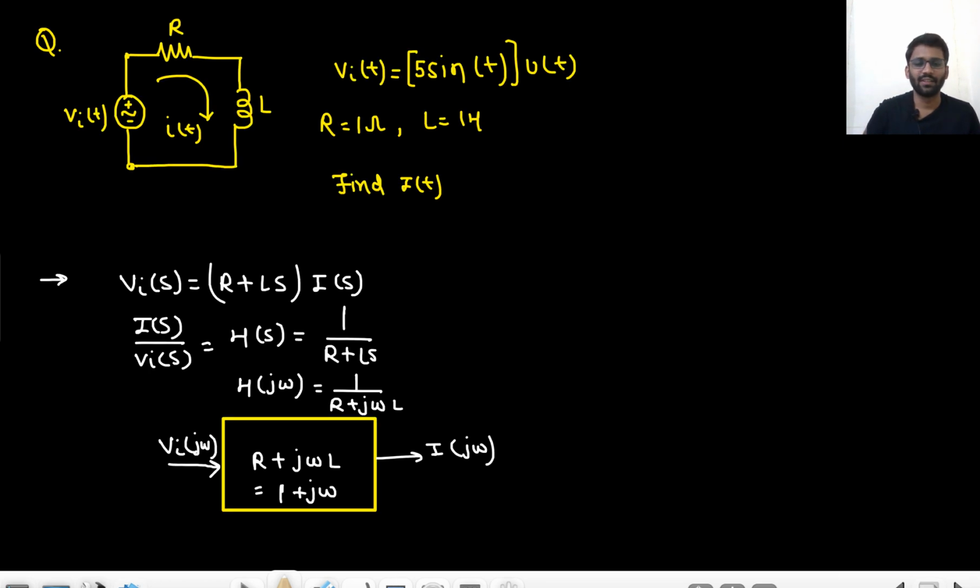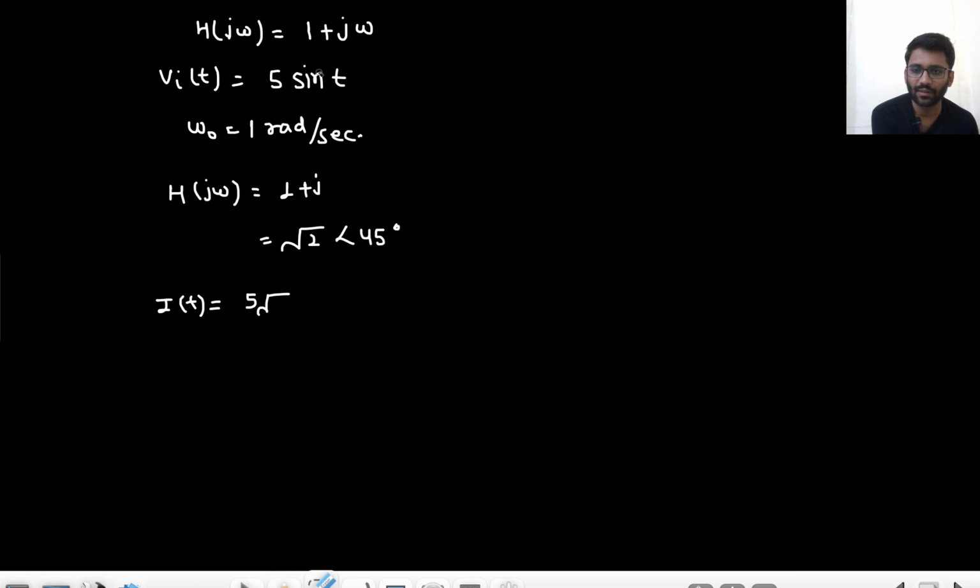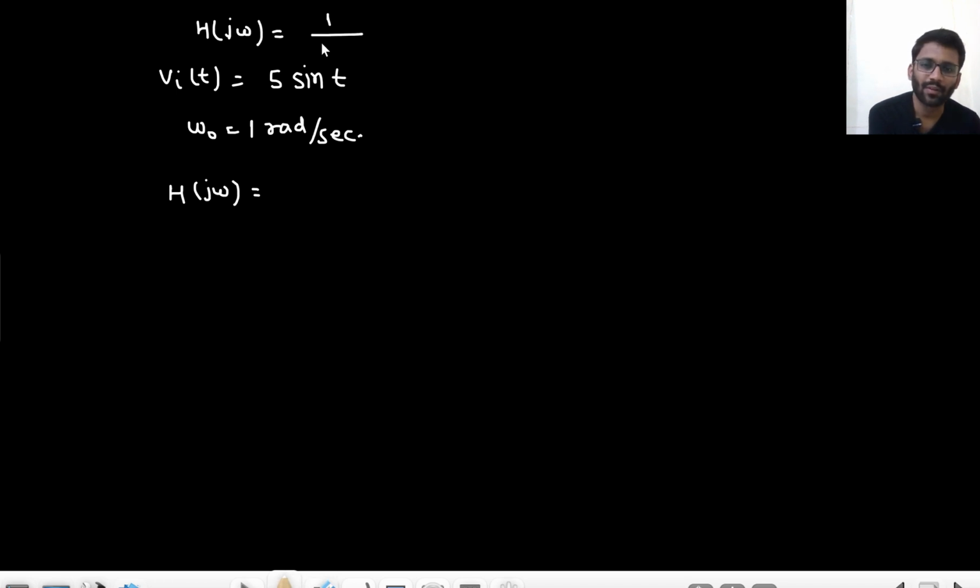Wait, this is not right. Again and again I am making this mistake. I forgot the 1 upon R plus j omega L. So it would be 1 upon 1 plus j omega.